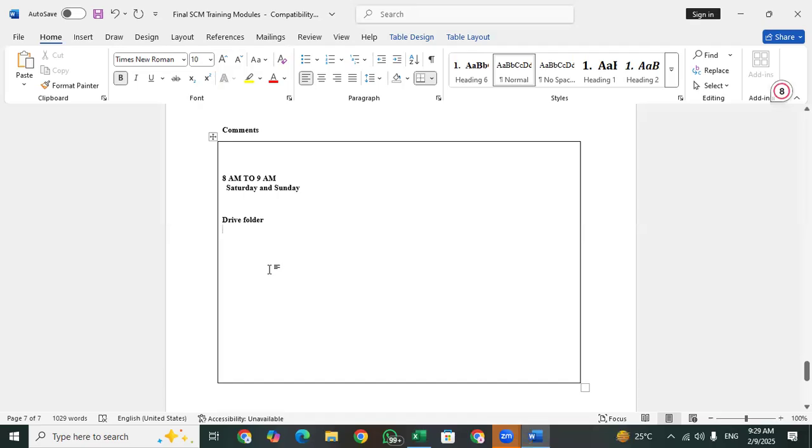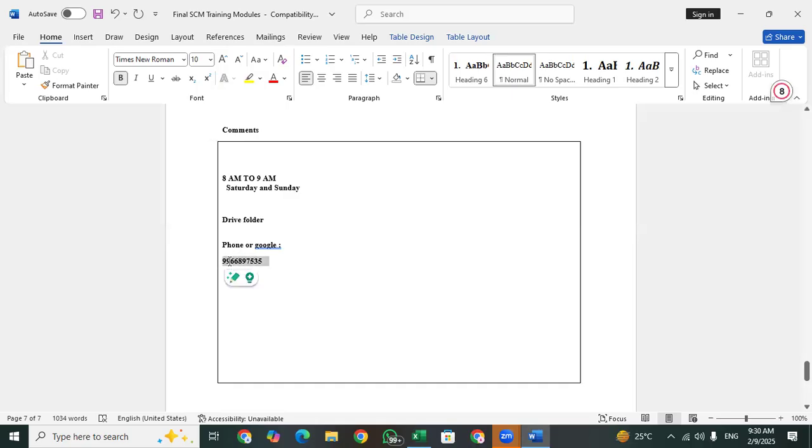Any doubts? The payment mode is PhonePe or Google Pay. If the number is different, once the payment is completed, please share the screenshot and we can add you to the WhatsApp group. We created one WhatsApp group for every batch.